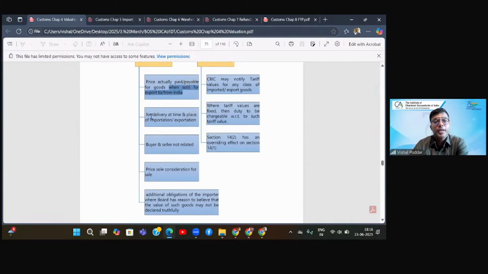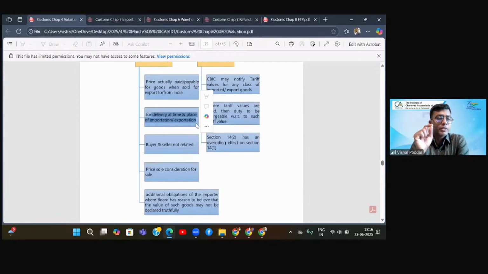Now, the second point is that the price should be for delivery at the time and place of importation. So the second point you have to keep in mind is that the price should be the price at your doorstep. Doorstep means at your place of importation, which is your port. So we take the CIF price indirectly. This is what this means.